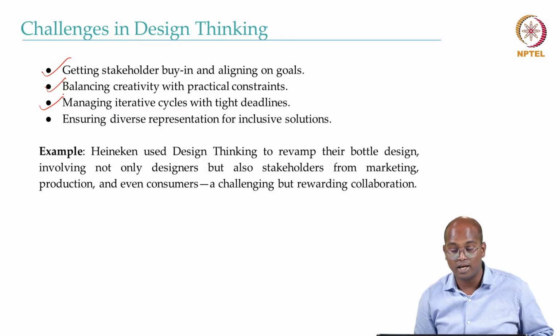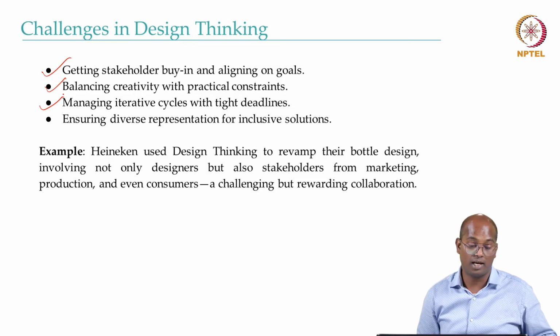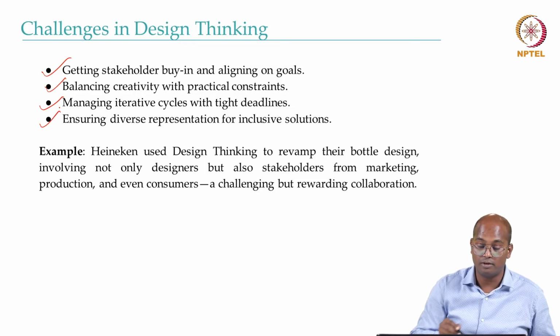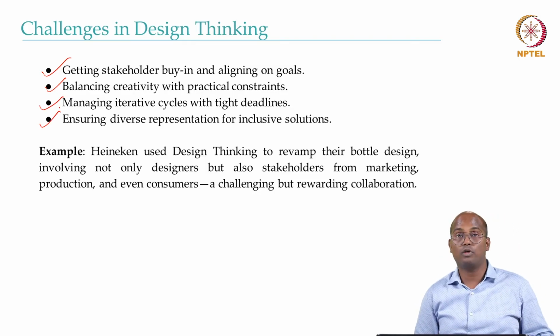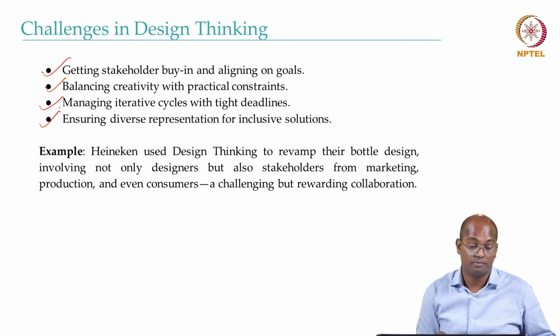Managing iterative cycles with tight deadlines, because you have very little time to complete these stages, and you also have to reiterate many times. And ensuring diverse representation for inclusive solutions. That's what I mentioned in the beginning as well.